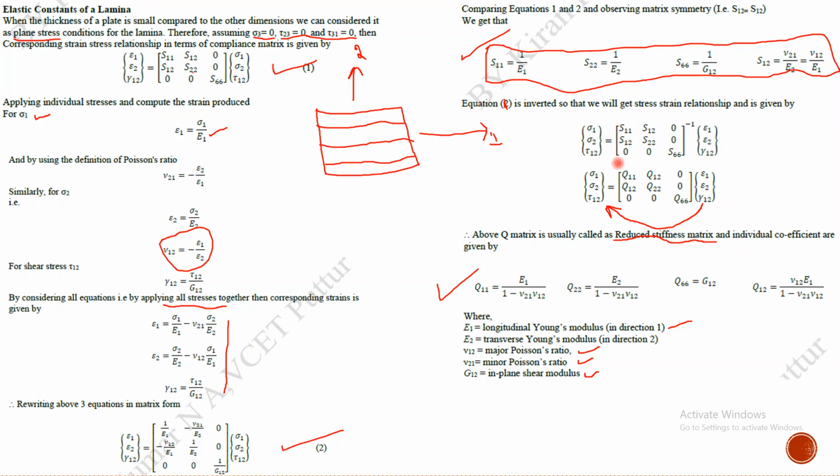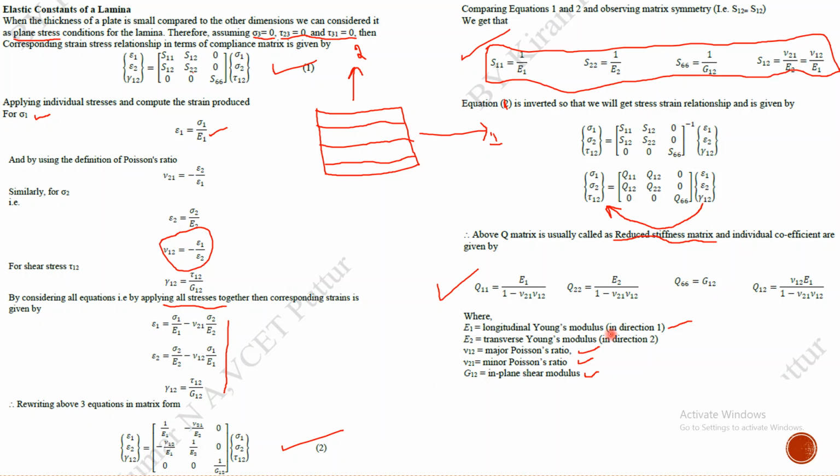If I substitute them in the matrix in your calculator and inverse that, then I am going to get the Q11 and all the terms directly. What you should do is, you just put that in a 3x3 matrix with all the S values and do the inverse.